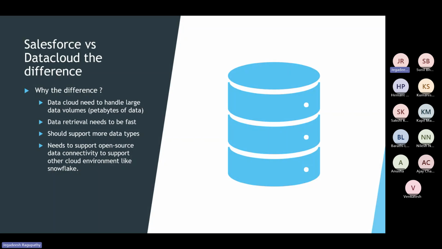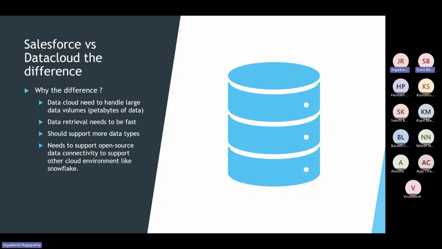We know all the data types supported in Salesforce: Boolean, integer, date, and several others. Apart from Salesforce, Data Cloud supports a few nested data types too. That's how the entire Data Cloud is designed, which is not available in our usual Salesforce database.